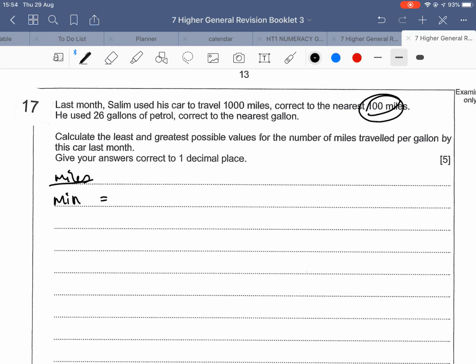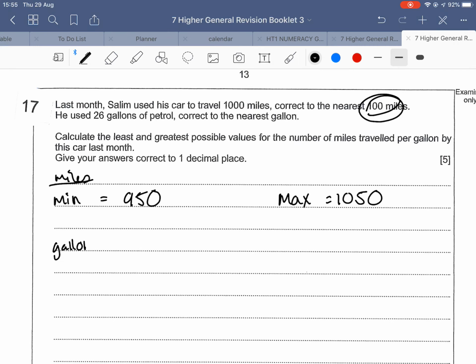Always just half what the correct is, so 50. For the minimum, take it away. For the high one, add it on. So 1,000 take away 50 is 950, and for the maximum we just add it on, so we've got 1050. Those are our upper and lower bounds of miles.